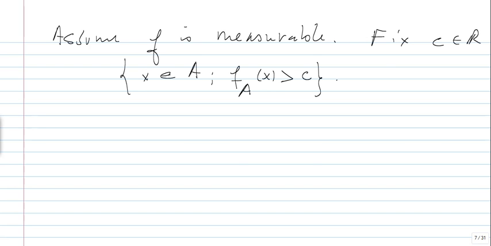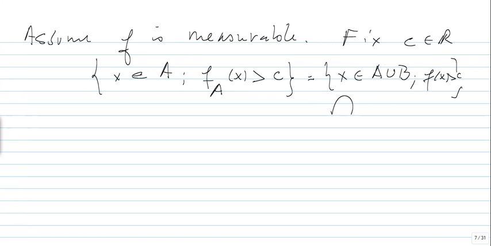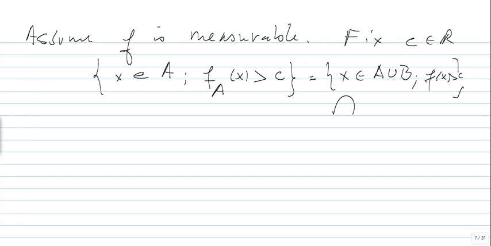This set is x in A union B such that f of x is greater than c, intersect A. Okay? Because fA of x is equal to f of x.